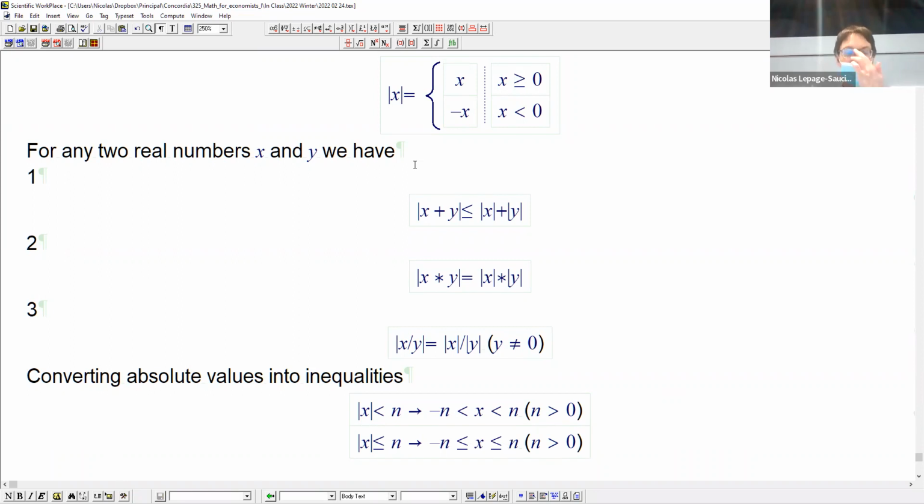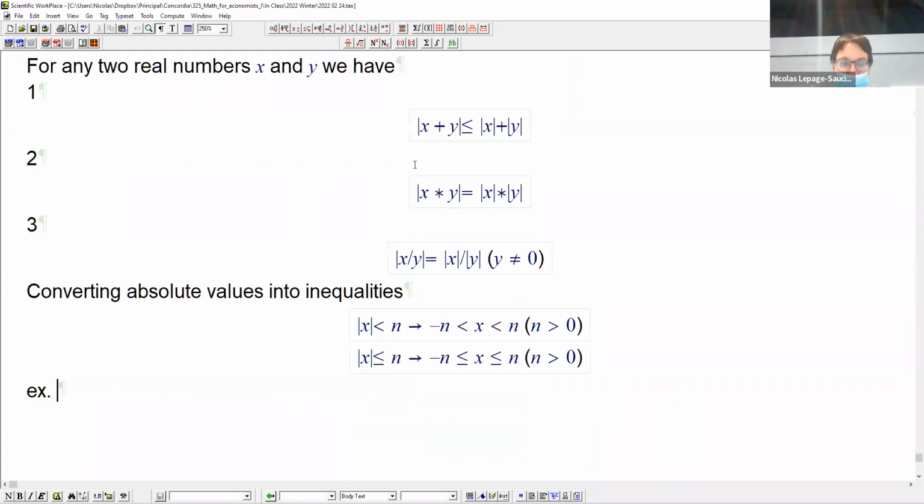So how's that the case? Well, we just have to think about it. If you see the absolute value of x is smaller than n for some, of course, positive number, otherwise there's just no solution. So what does that mean? Well, imagine an example, n equals 10. Just putting an example there makes things super clear.